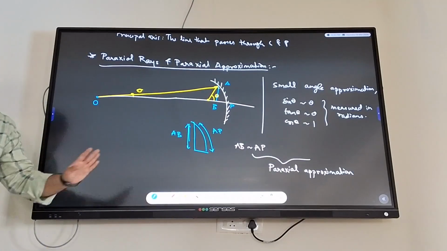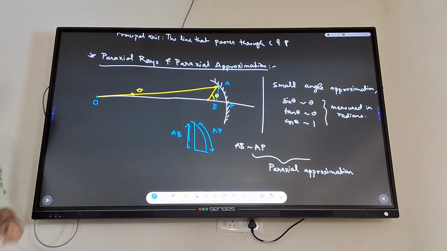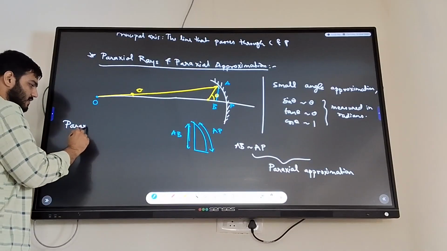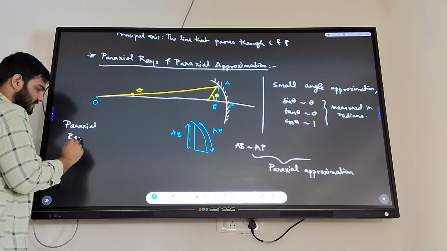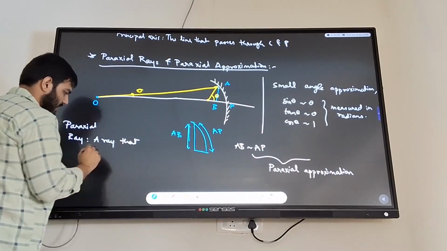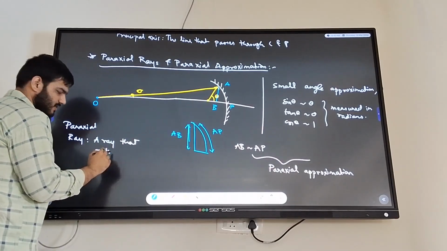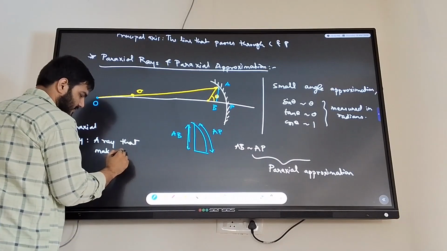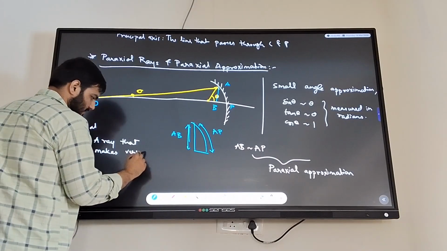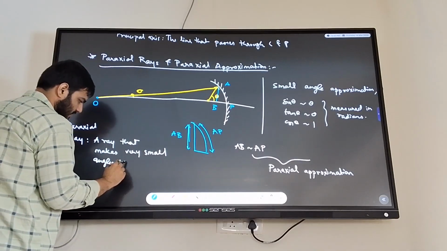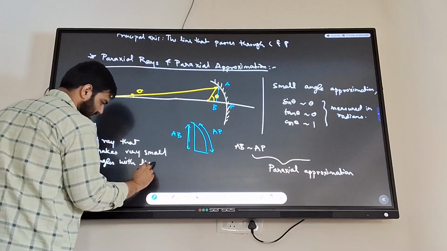Did you understand what I am saying? Whatever I am doing here. What is a paraxial ray then? A paraxial ray is a ray that makes, please write with me, very small angles with the principal axis.